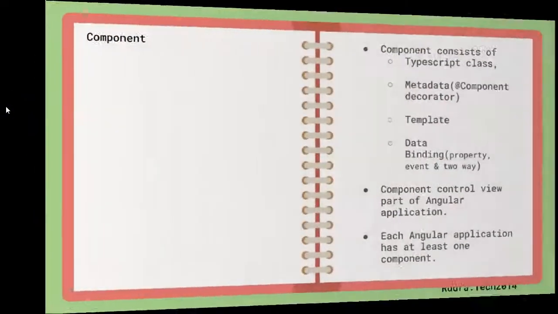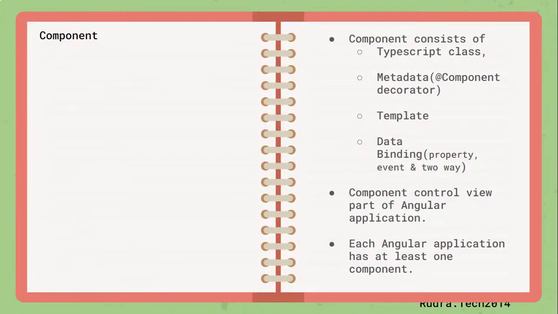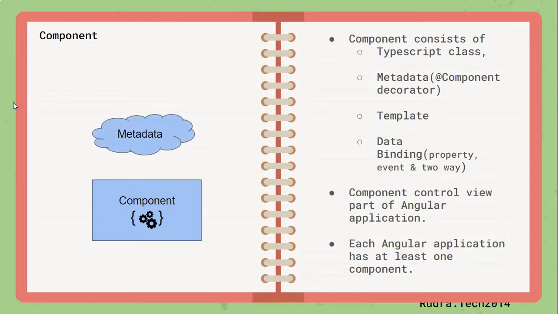Then comes the component. The component consists of 4 parts. The first is TypeScript class. The TypeScript class will contain properties and methods of a component. And the next part is the metadata. The metadata is nothing but @component decorator.